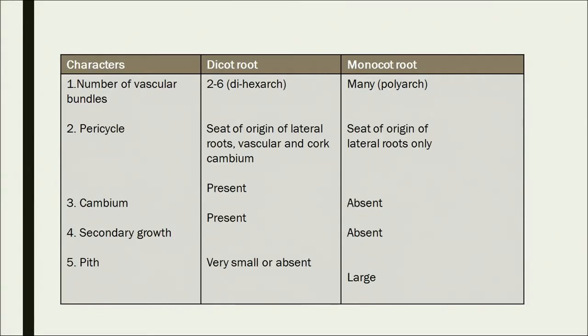In detail, cambium is present in dicots, but it is absent in monocots. Secondary growth is generally present in dicots, but it is absent in monocots. Pith is very small or absent in dicot roots, but it is large in monocot roots. So, let us move on.